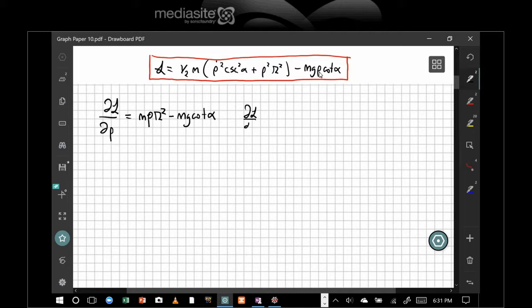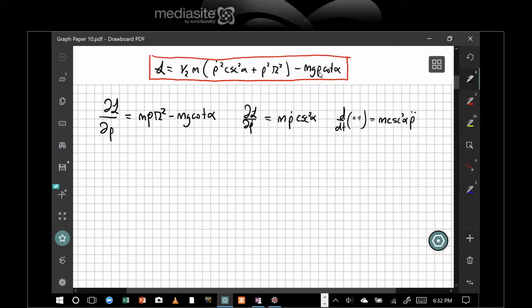Partial L with respect to rho dot is equal to m rho dot cosecant squared alpha. Then I take the time derivative of that, and that gives me m cosecant squared alpha rho double dot.